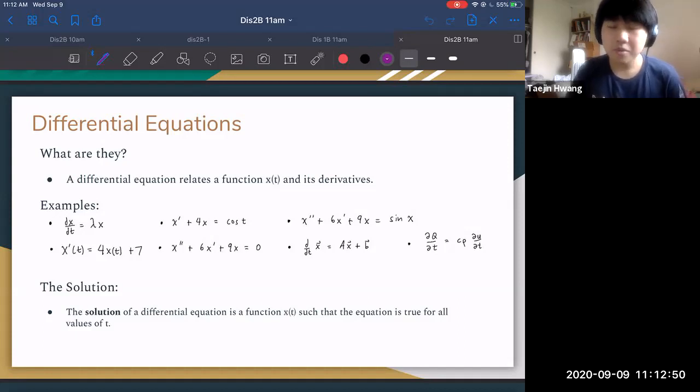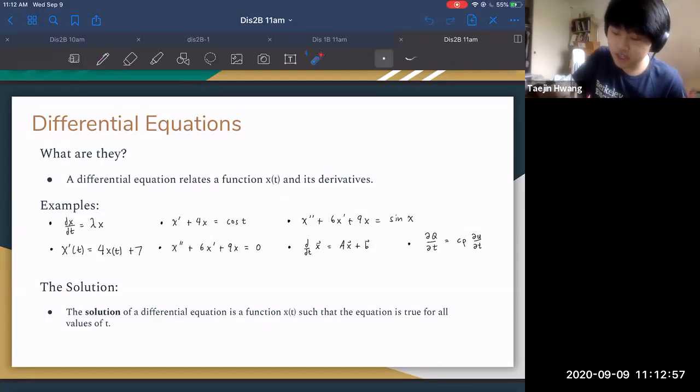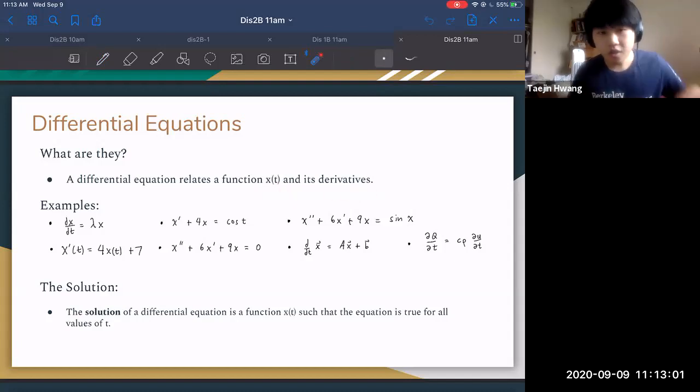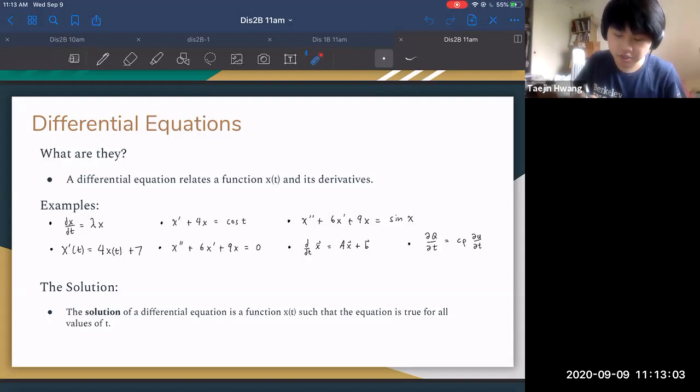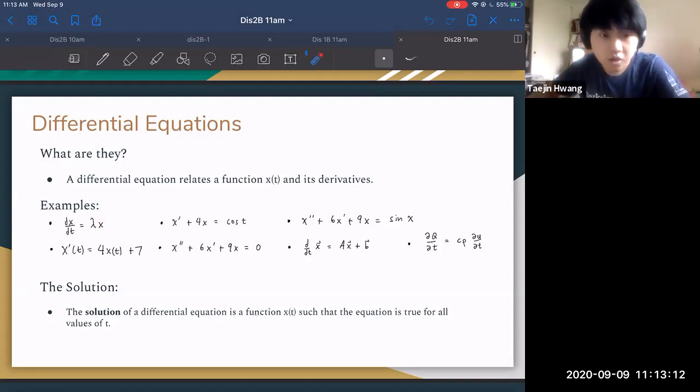So just a recap of what Diff Eqs are. A differential equation is just a way to relate a function x of t and any of its derivatives. So one example of this is dx dt is equal to lambda x, where again, x is some function of t. And another example of this is x prime of t is equal to 4x plus 7.